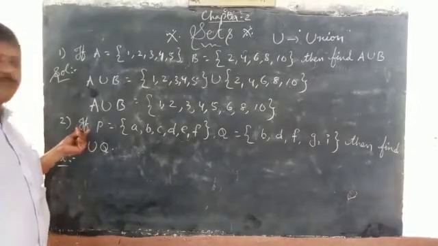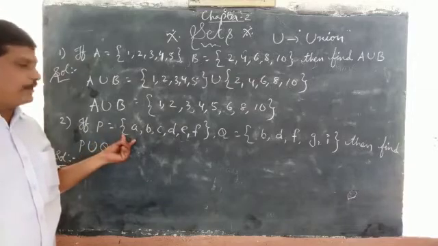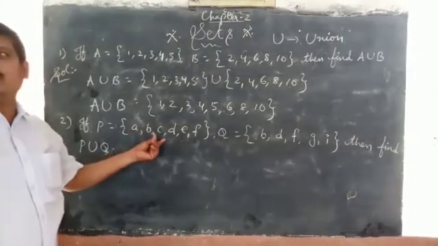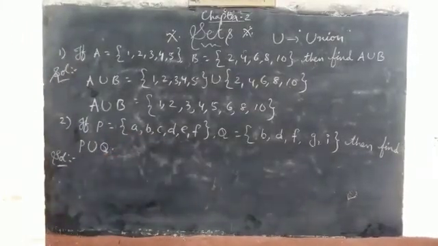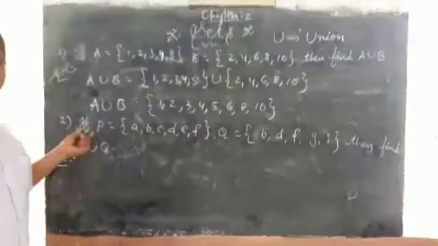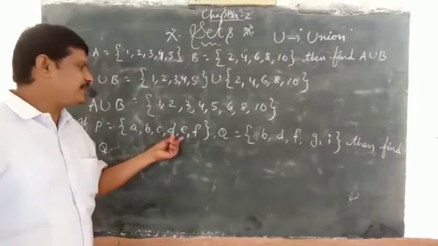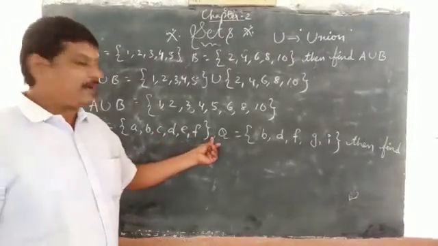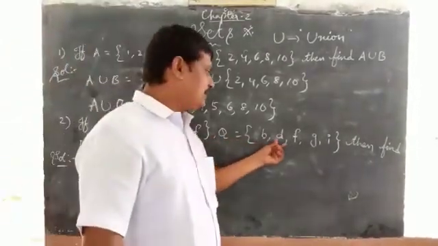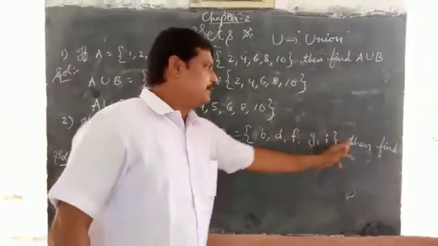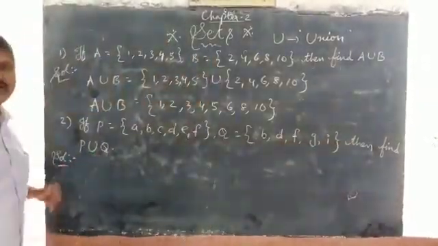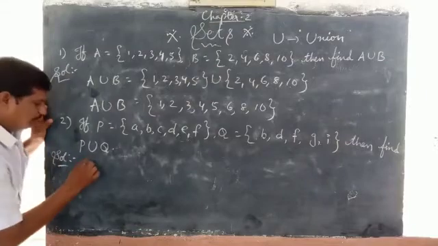Second one, if P equals set of A, B, C, D, E, F and Q equals set of B, D, F, G, I, then find P union Q. How can you do this?